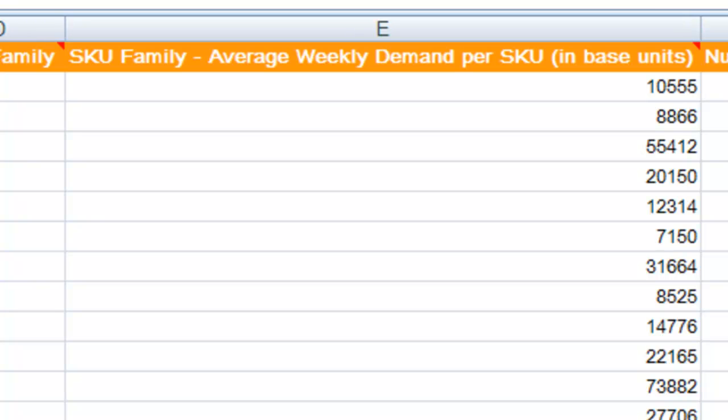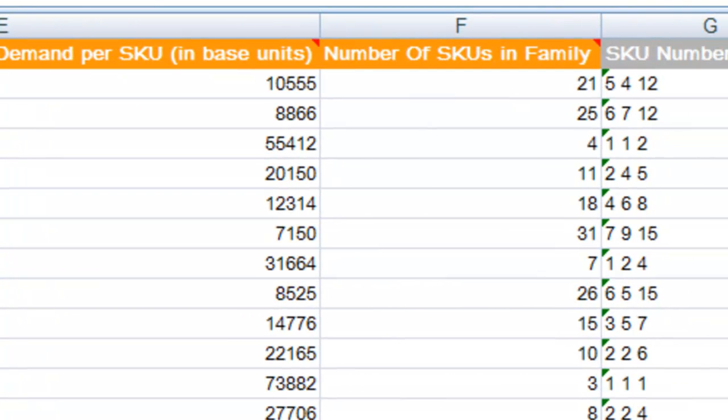Average weekly demand per SKU indicates the average projected weekly external demand for each SKU in the family for the duration of the clone run. Using our example, the number of SKUs in product family PF1 is 21, and the average weekly demand per SKU is 10,555.